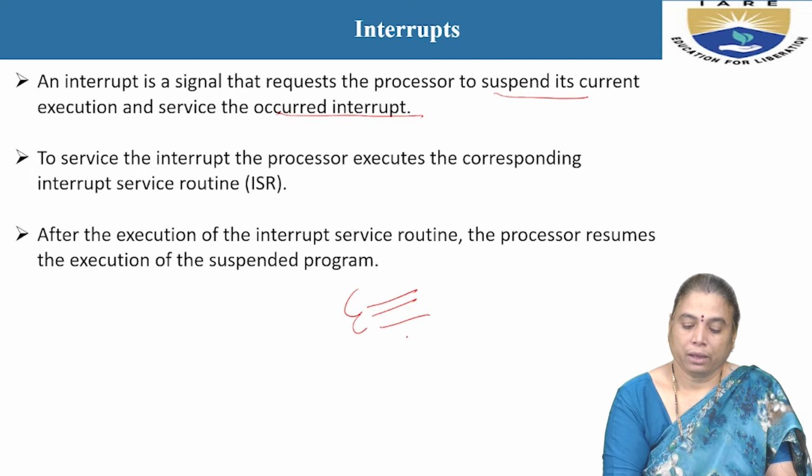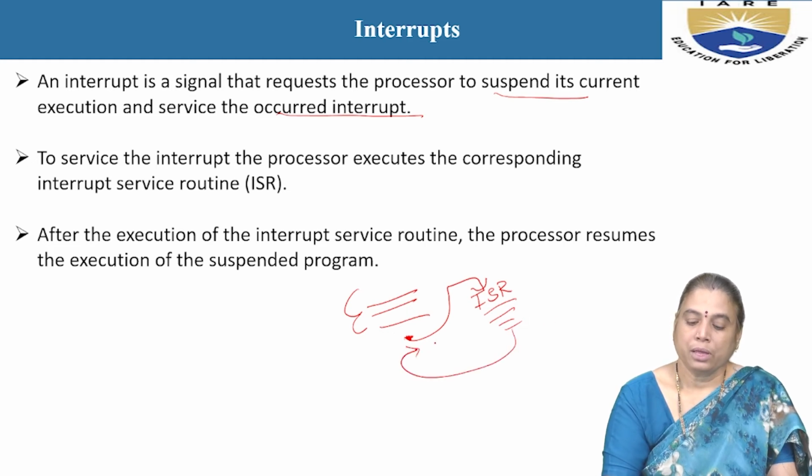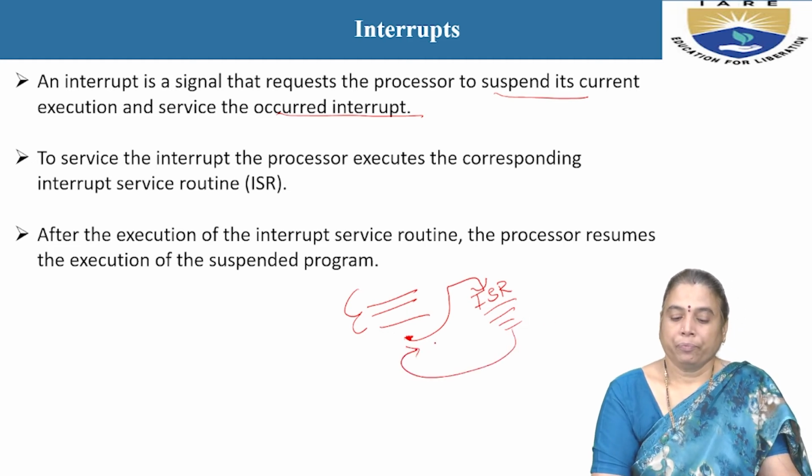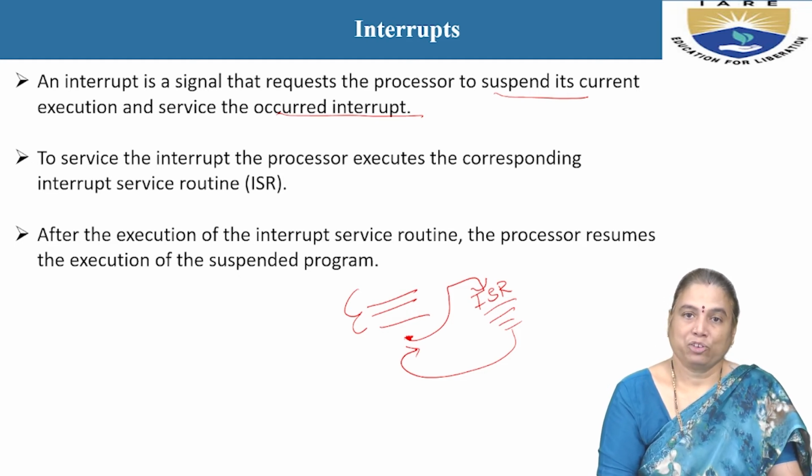If an interrupt occurs here, the processor can temporarily suspend the program execution, move to the ISR, the interrupt service routine, and start executing it. After completion of it, it has to return back to the previous main program and resume its execution.